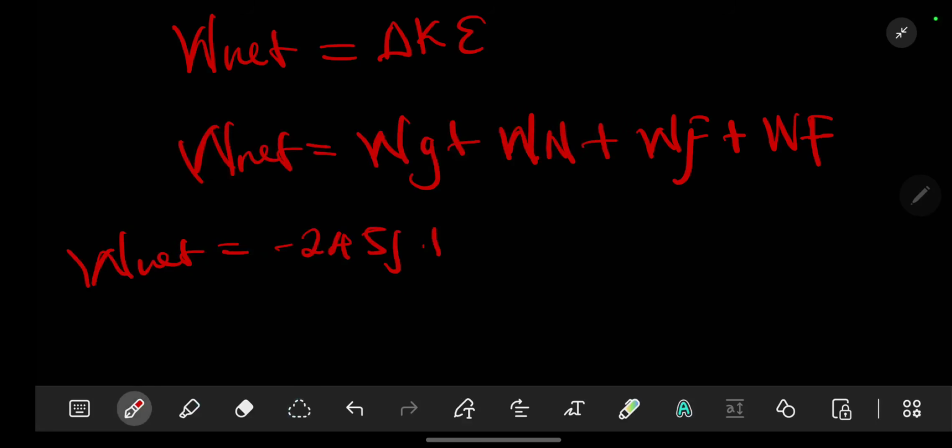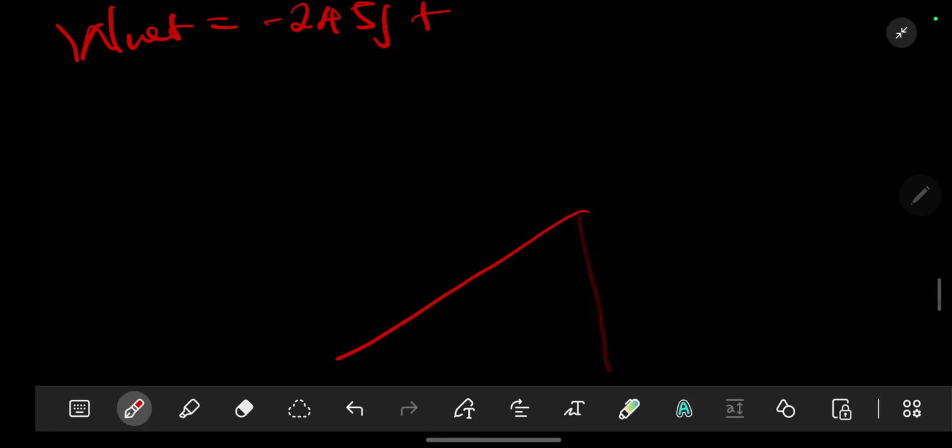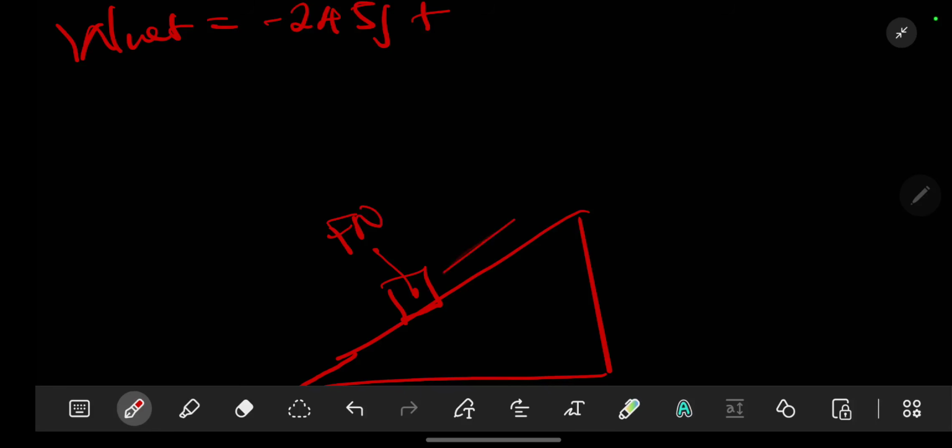Then we add plus our normal force. Now remember, this normal force is on the incline. The contact is maintained: the normal force goes up and the crate is elevating, but it is not leaving the point of contact, it's not entering and leaving.